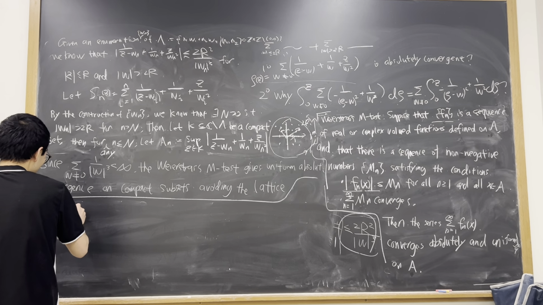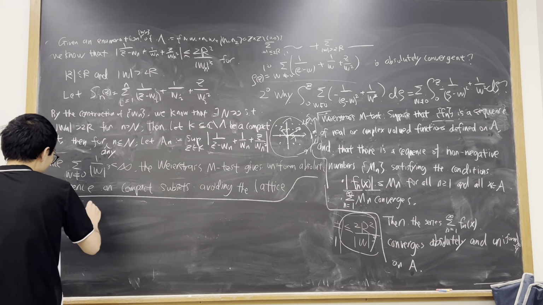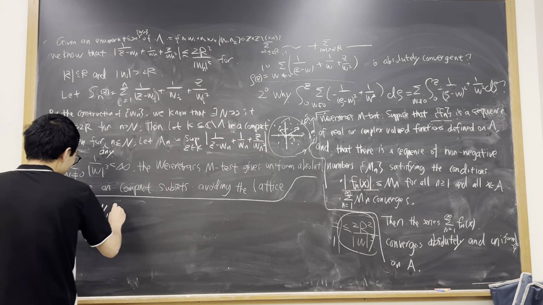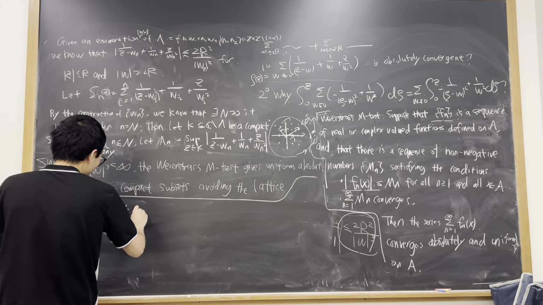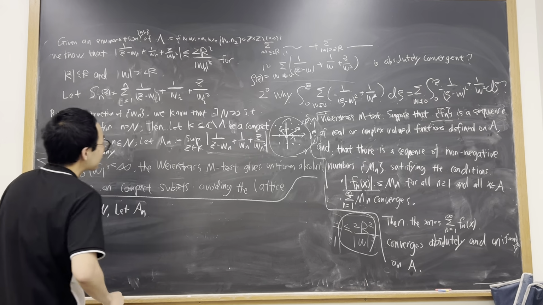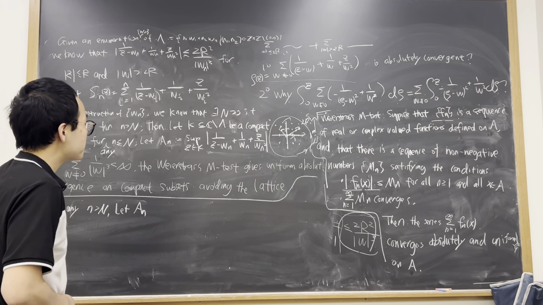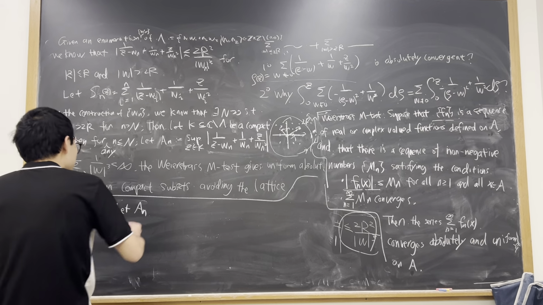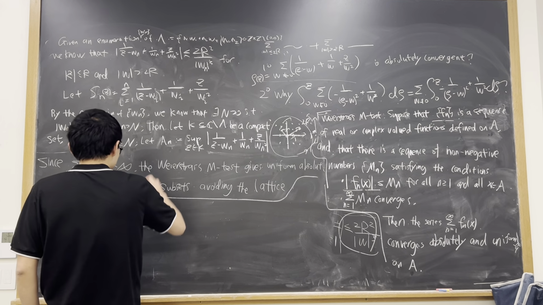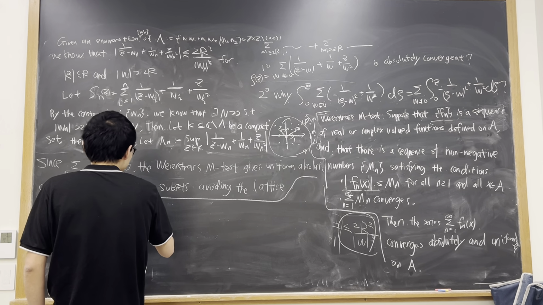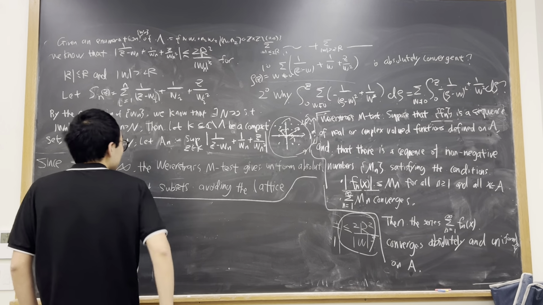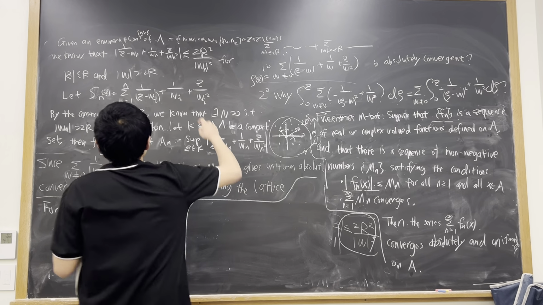So for any n bigger than N, maybe I'll use bn to distinguish these two different types. Now the bn's, right?